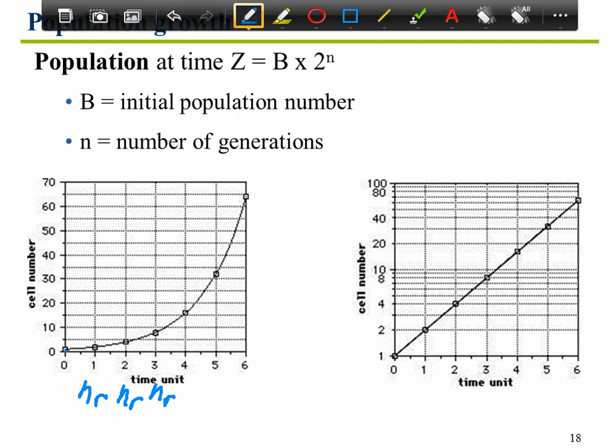Here is your starting number. We'll say it's hours, actually. So let's say that we have 5 cells right here. If you look over at the y-axis, that's about a 5.